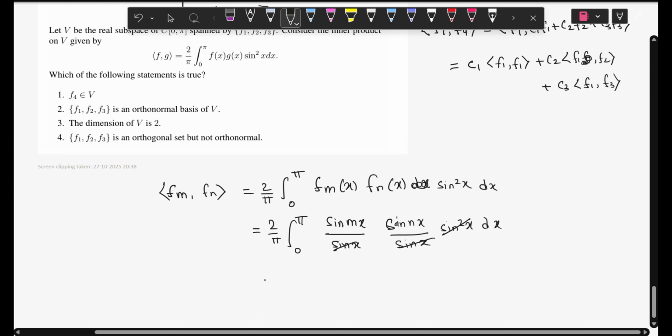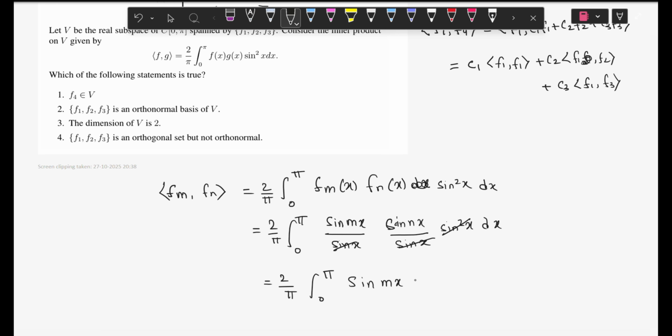So what do I have? I have 2 by pi integration 0 to pi sin mx sin nx dx.